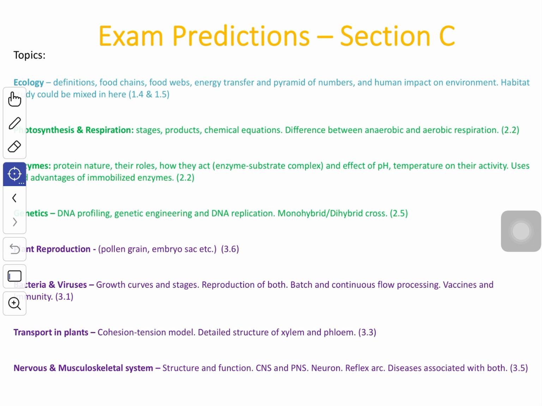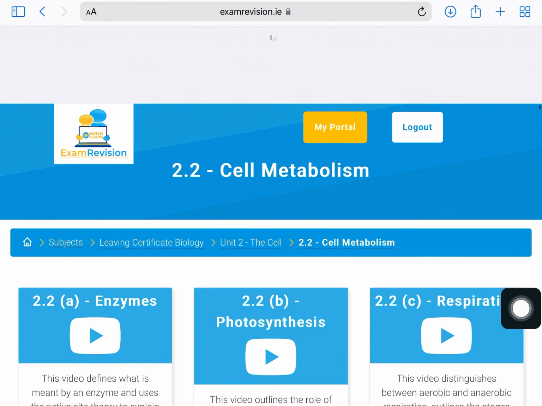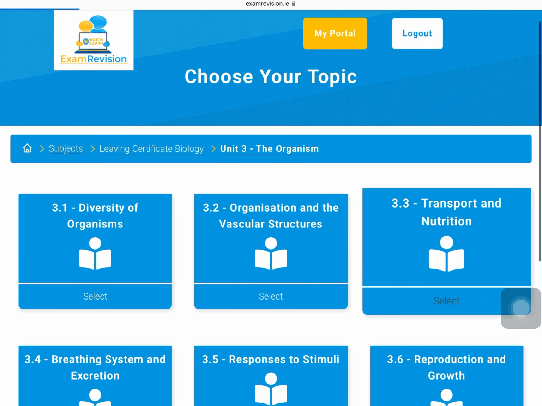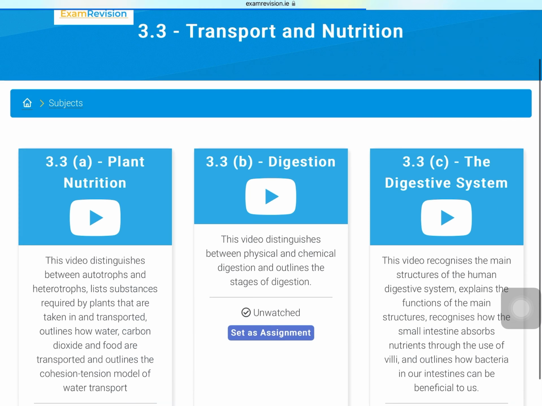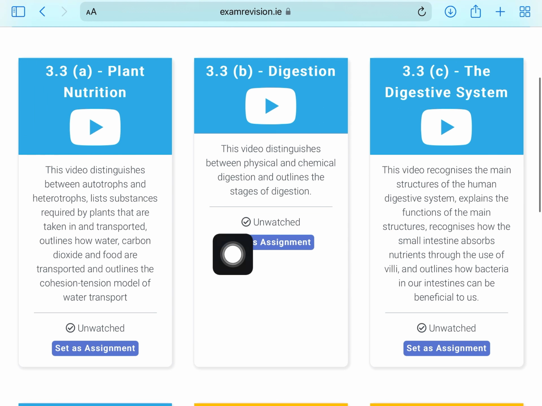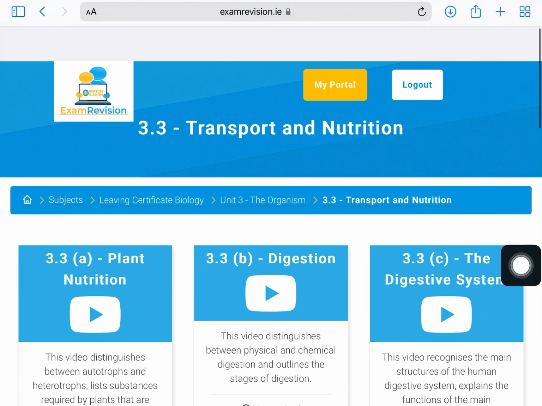So I'm just going to quickly focus now on where you could find the section or the unit 3 material here. So if we look at transport in plants, which is 3.3, and the nervous system, we'll focus on 3.5. So we'll just switch over, go into unit 3, 3.3, and there we can see plant nutrition, digestion, digestive system, balanced diet.